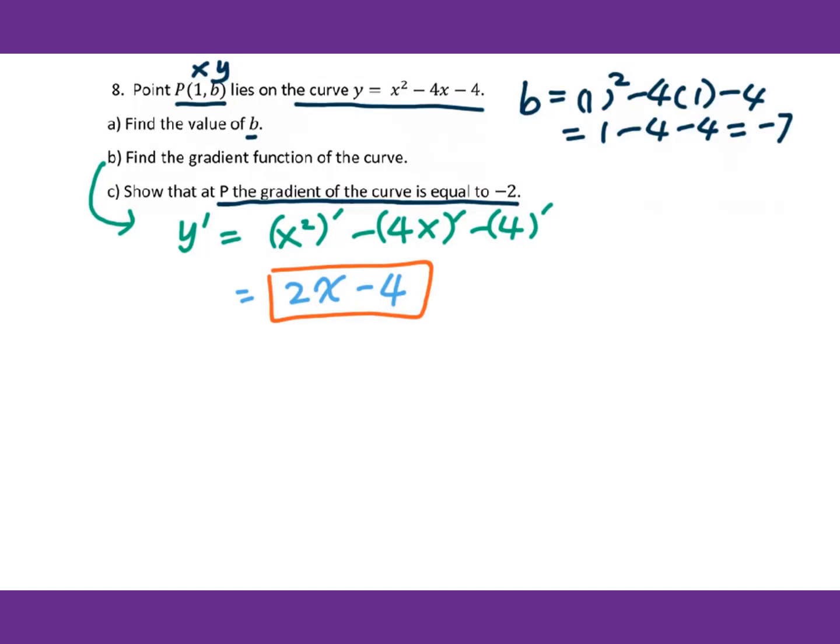Now look at the C. Show that at P, the gradient of the curve is equal to negative 2. For this P, we know that x equals 1. Therefore, we can get f prime of 1. We plug into this gradient function. That is 2 times 1 minus 4 equals negative 2.